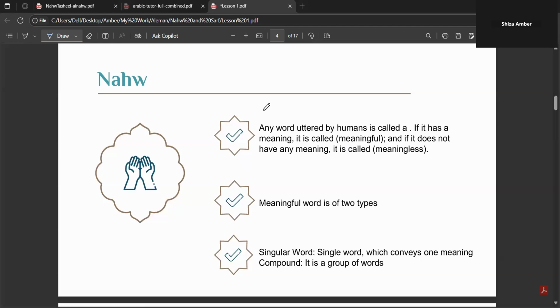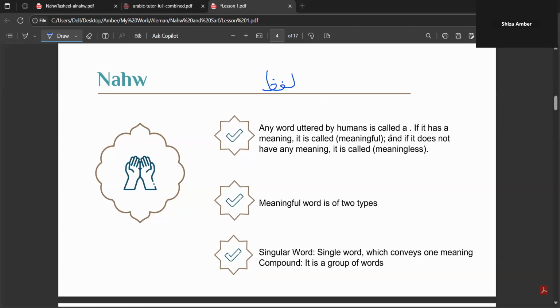Okay, so now another technicality. I'm sure you're aware of the word lafz. Do you know this word lafz?